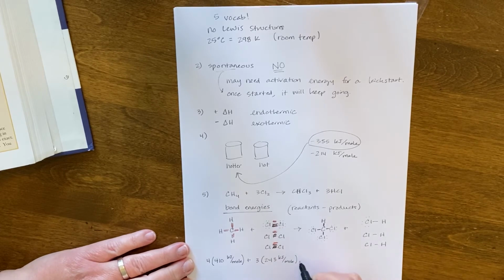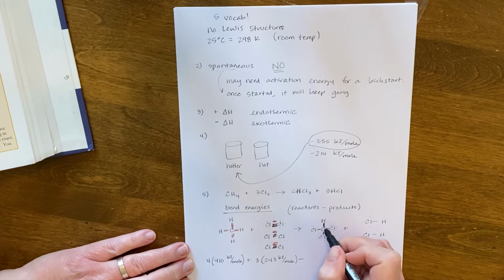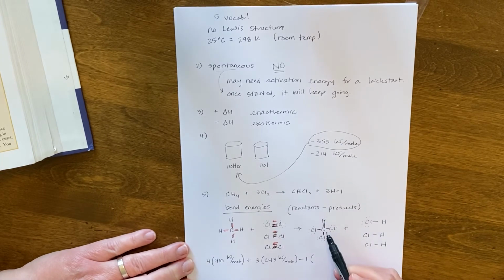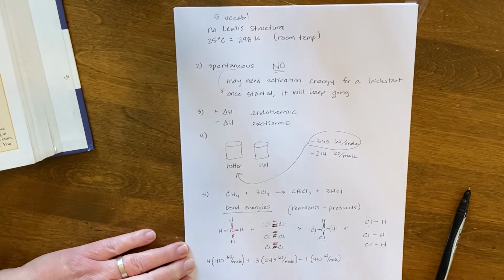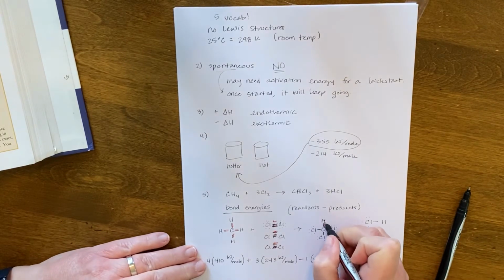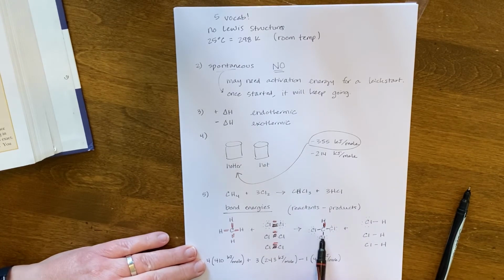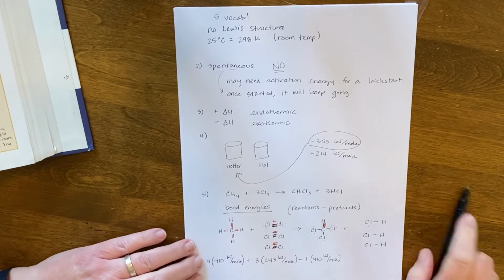All right, then I'm moving to my products, so I'm going to start subtracting. Okay, I have 1 bond here between an H and a C. So I have 1 of those that I need to break, and we've already looked those up. That's 410 kilojoules per mole. And then on this same molecule I have 3 single bonds between carbon and chlorine.